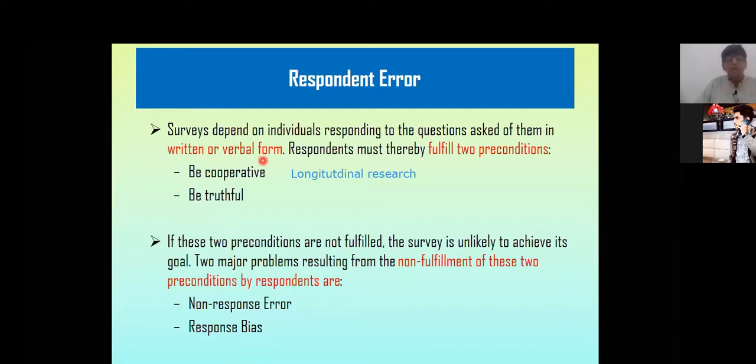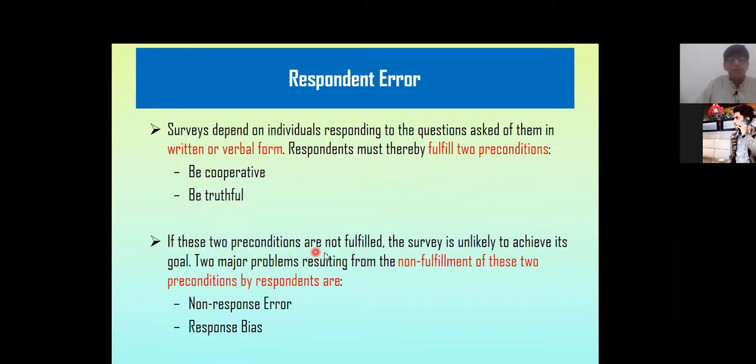So it is not a one-time activity, especially in longitudinal research. The same respondent may be called several times during the span of your research. So that's why it is important for the respondent to fulfill these two conditions: be cooperative and be truthful.